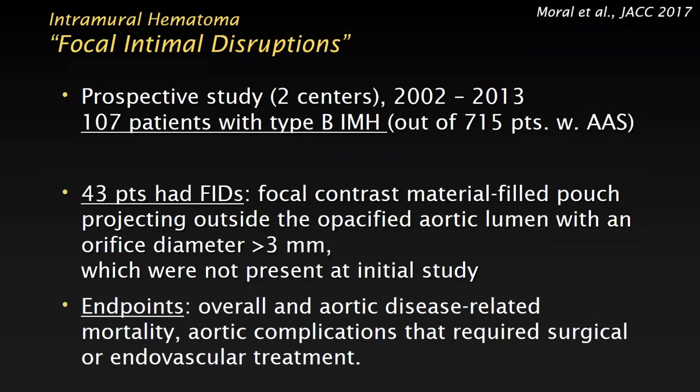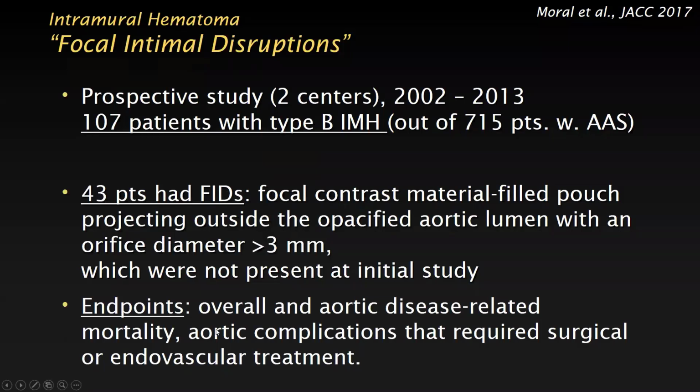And what they found is that if patients had what they now refer to as focal intima disruptions, which they define as those larger lesions, larger than 3 millimeters, the smaller than 3 millimeters being the little fenestrations or intercostal artery communications. But once you have those that are a little bit larger, more than 3 millimeters, and they develop within the first few days, they turned out to have a bad outcome.